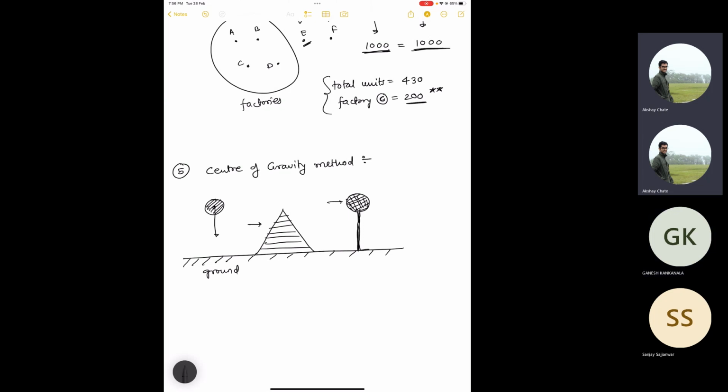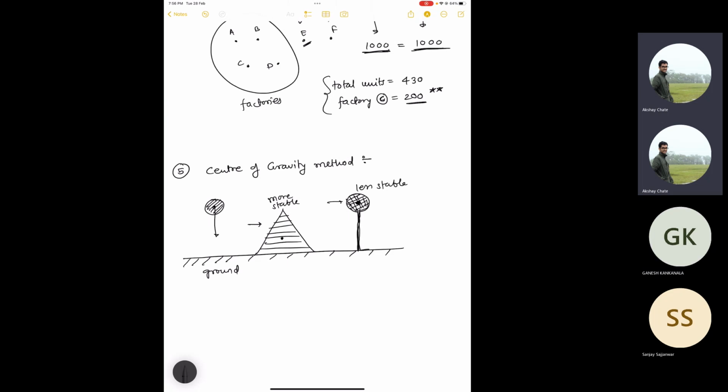Yeah, so the reason is, for the triangle, if you assume it is an equilateral triangle, the center of gravity will be at this point where all the angle bisectors intersect. Whereas for this body, the center of gravity will be somewhere here at the center of this sphere. So basically, this is more stable structure and this is less stable structure, right?